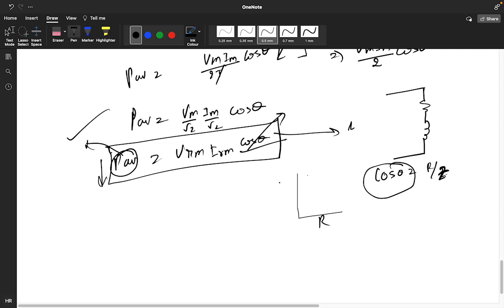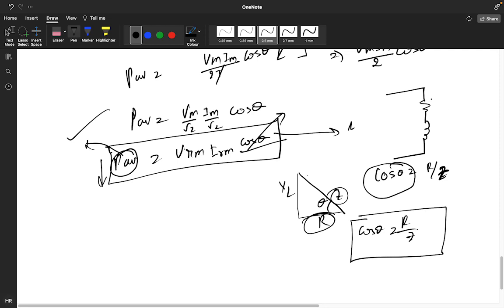This is your R, this is your XL, this is your Z, and this belongs to theta. So cos theta is B by H: the base is this and the hypotenuse is this. So it is R upon Z. How can you improve the angle of cos theta? By increasing the value of the R by Z ratio.